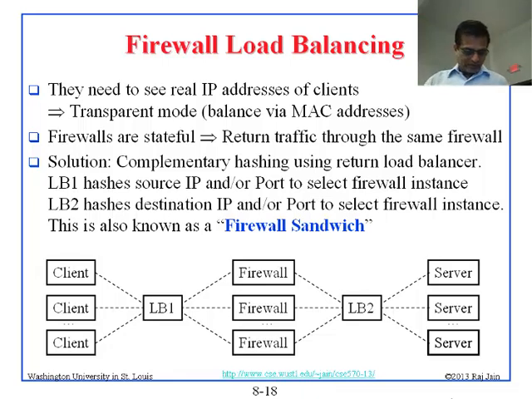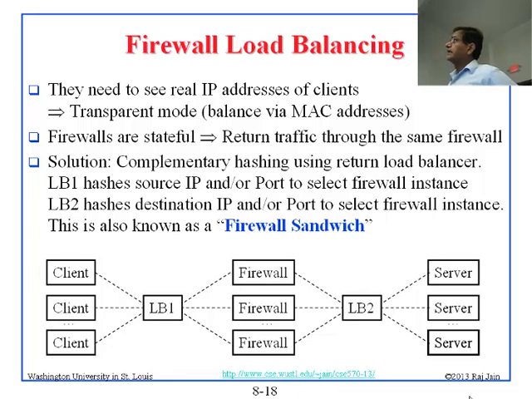All right, so now the firewall load balancing, as we discussed a minute ago, they need to know who is sending it, because firewalls don't want to really make a decision based upon the load balancer address that they are being bombarded with.